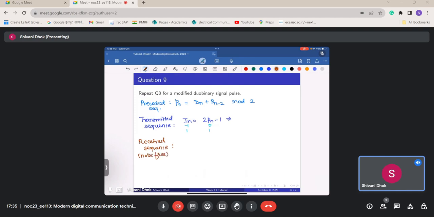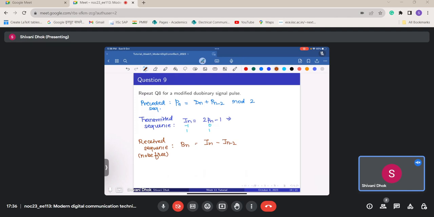So at n equal to 1 we have In, and at n equal to minus 1 we have In minus 2.